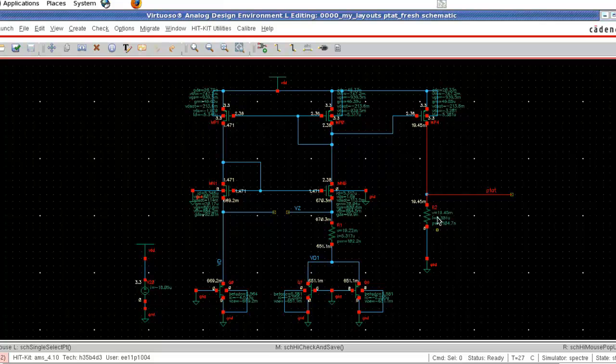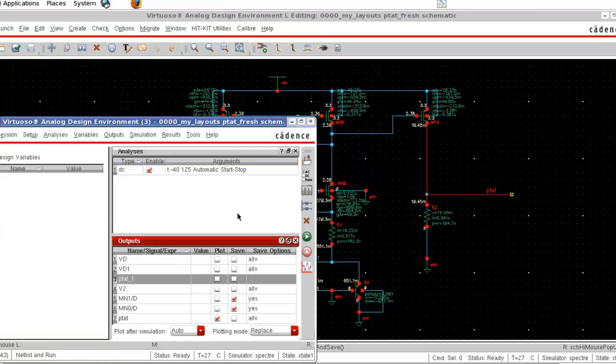Now let us compare the voltage across this resistor and the voltage across this resistor. That is, voltage across R1 is a PTAT, voltage across R2 is also a PTAT. So let's plot PTAT1, that is voltage across the resistor R1, and PTAT, that is voltage across resistor R2.